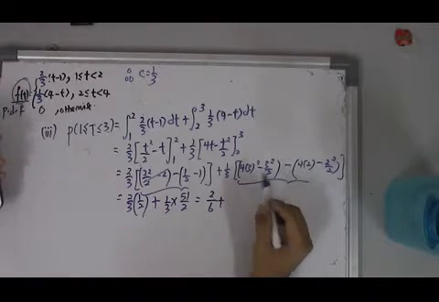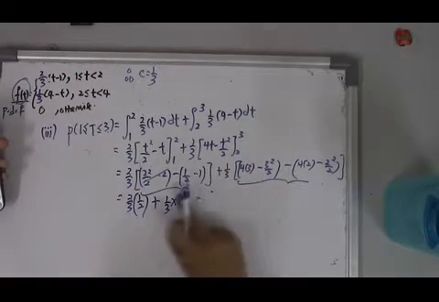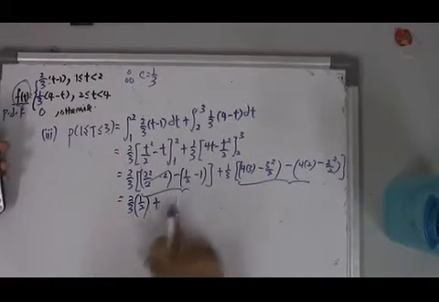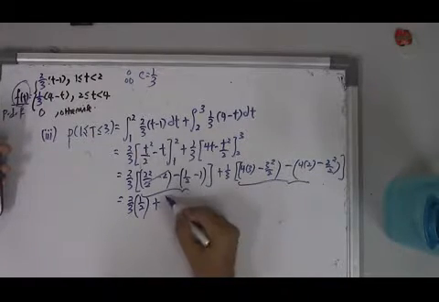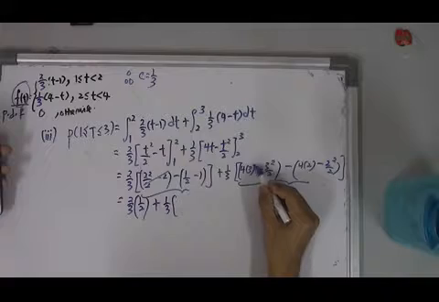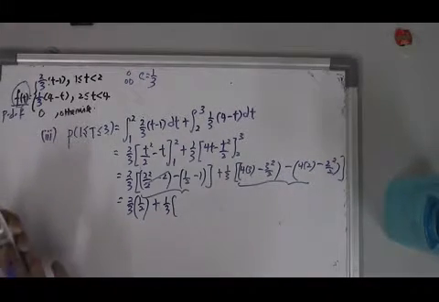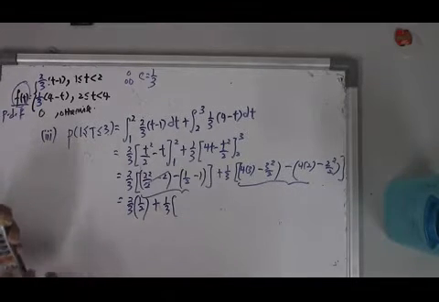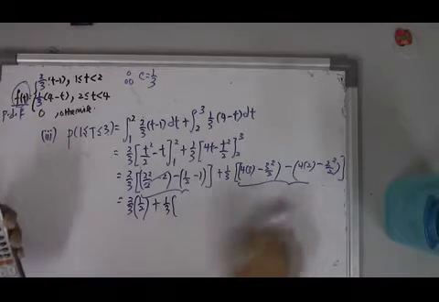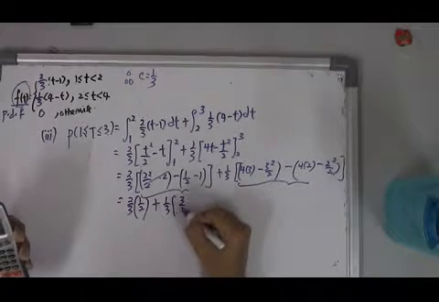Alright, I think something is wrong here. Oh sorry, there is no square here. Everything was wrong, so it should be right now. There is no square here, you just substitute 3 only. So 4 times 3 is 12, sorry, it's actually 12. 12 minus 9 over 2 minus 8 plus 2, which will be 3 over 2 here.